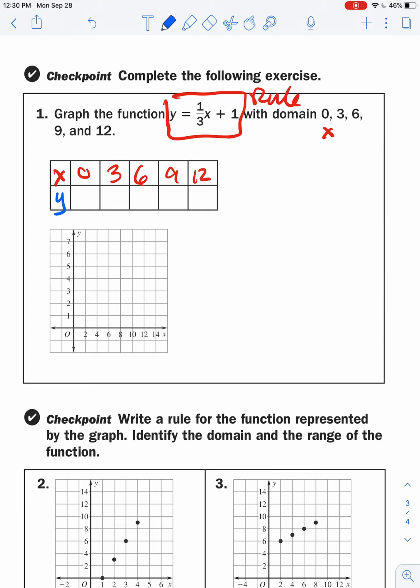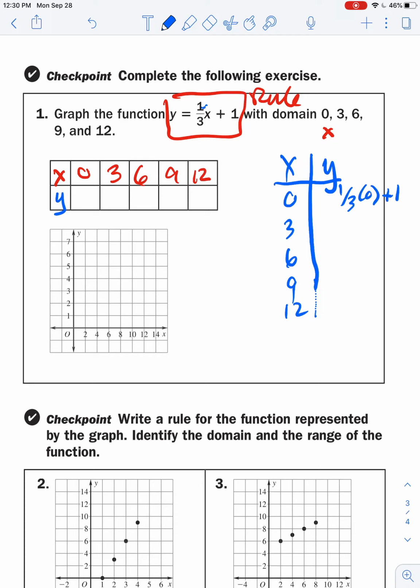When I do a table, I need to then find the bottom of the output or the y's, and I find those by plugging in the x's. Some of you might be more comfortable looking at it like this, but it's no different. My x's are 0, 3, 6, 9, and 12. Here to get the y's, I have to plug them into this equation. So if I put in a 0, I would have 1/3 of 0 plus 1.